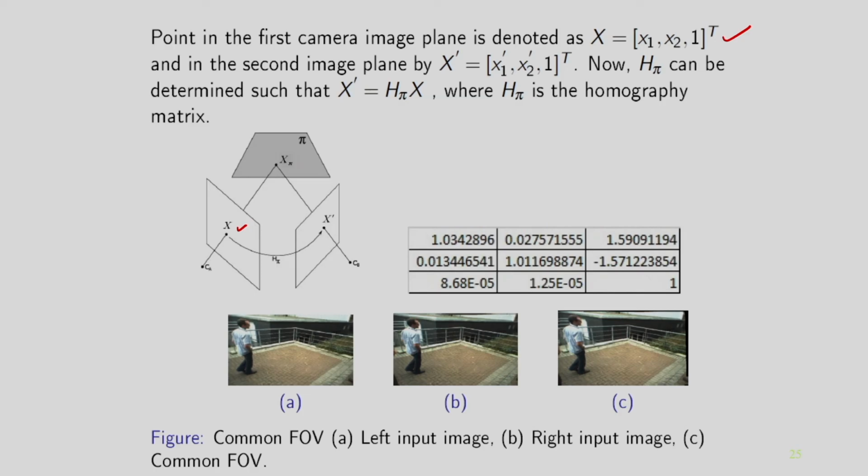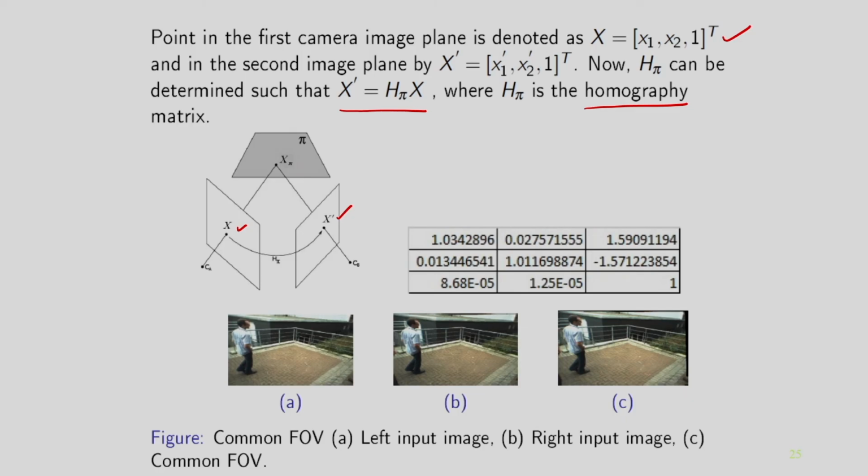And the point in the second image plane is represented by x1 dash, x2 dash and 1, in the homogeneous coordinate system. Now H pi is the homography matrix. So I can do some transformation so that x can be converted into x dash by using the homography matrix.